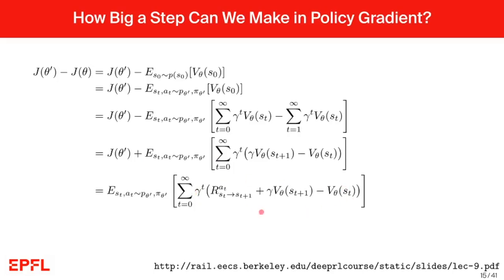Now this expression in here should look familiar to you. What is it? Well, it is nothing else but the advantage function that we have already seen in all advantage-based or actor-critic type policy gradient methods.